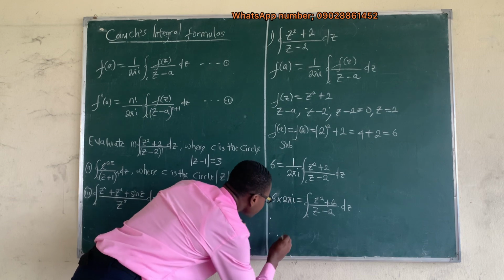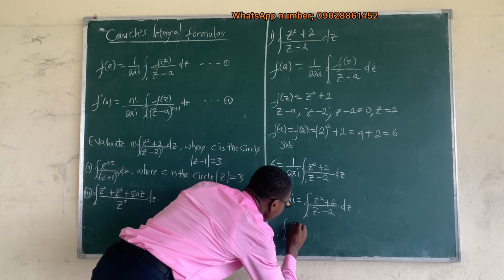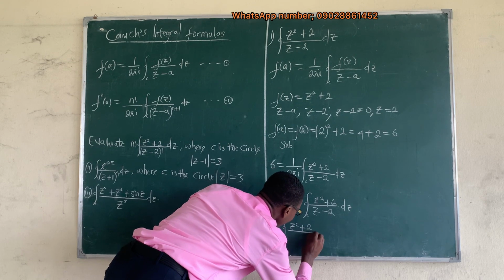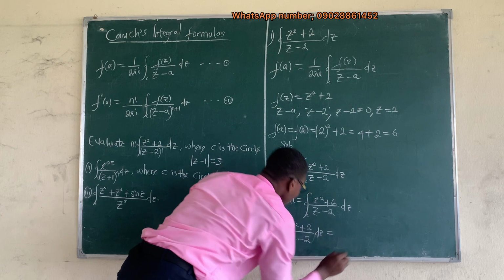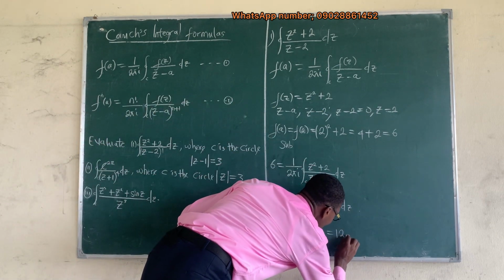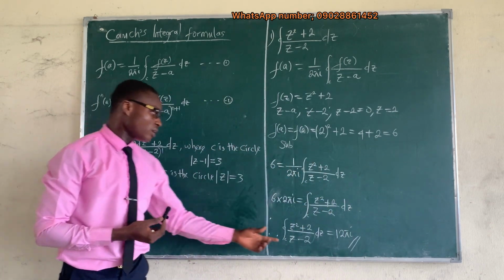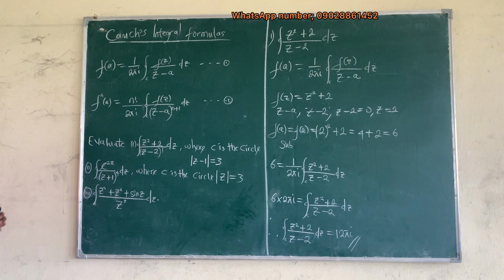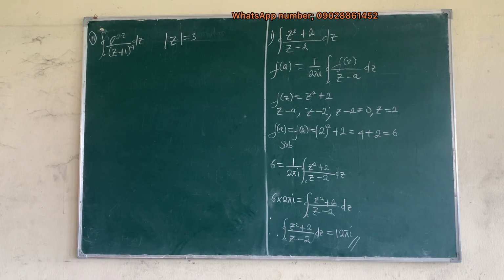So therefore, the integral of c of z squared plus 2 over z minus 2 dz is equal to 6 times 2 pi I to give us 12 pi I. That's the answer to that integral. So let's take the second one. Asked to evaluate this integral.